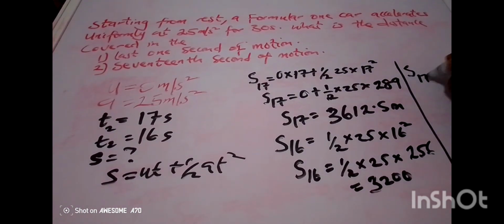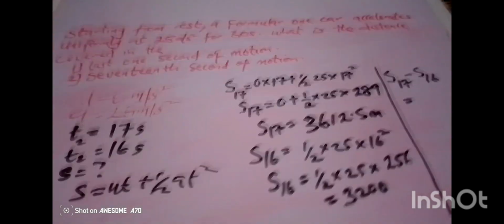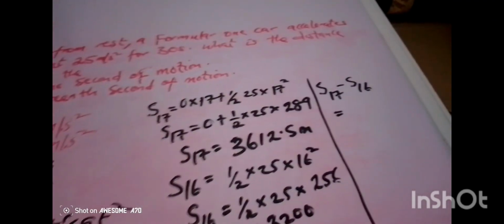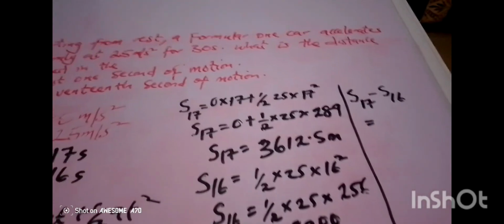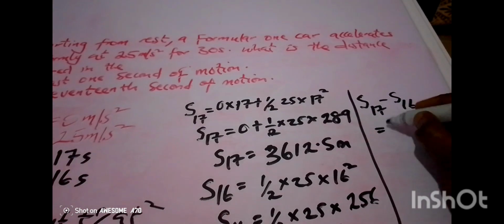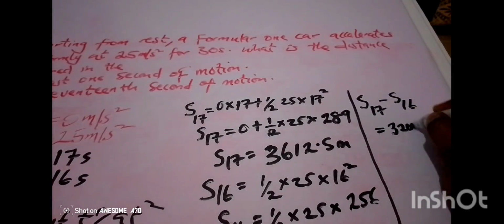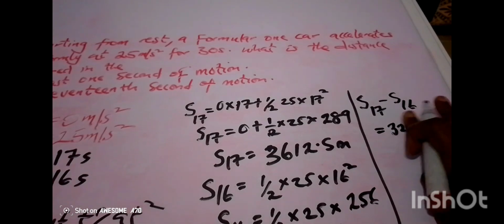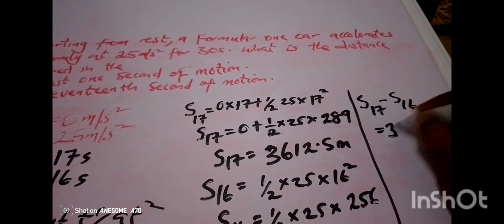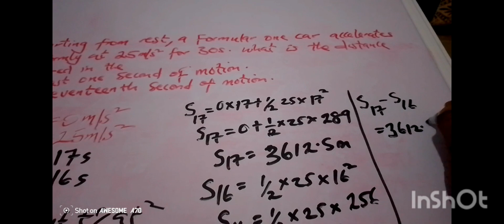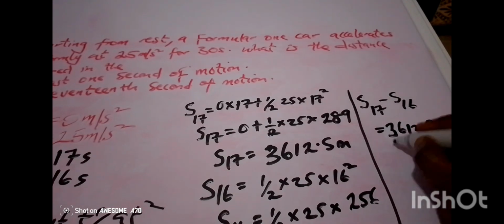So to know the distance covered in the last 17 seconds, s for the 17th second is going to be S17 minus S16. Don't forget, S17 is 3612.5 minus S16, which is 3200.